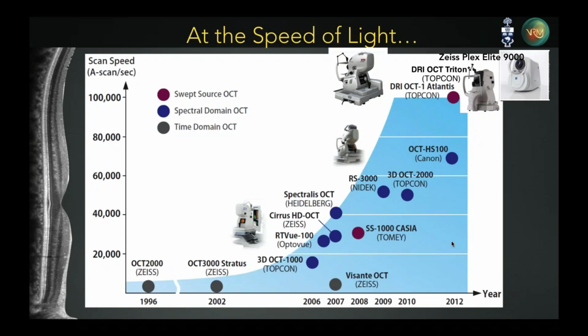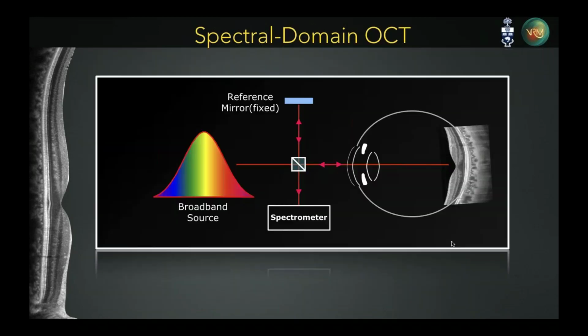We're now at 100,000 A scans per second, which really translates to being able to acquire large amounts of data very, very quickly. So briefly about spectral domain, some of the science is not so relevant for day-to-day sales purposes, but it is important to understand where the technology comes from and the origins of it.